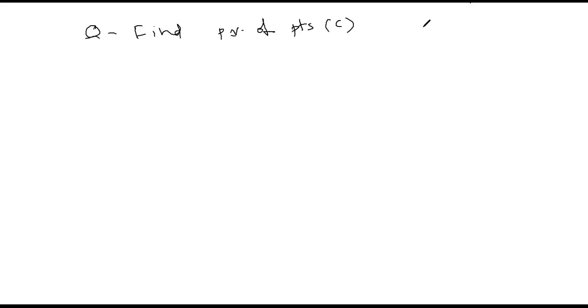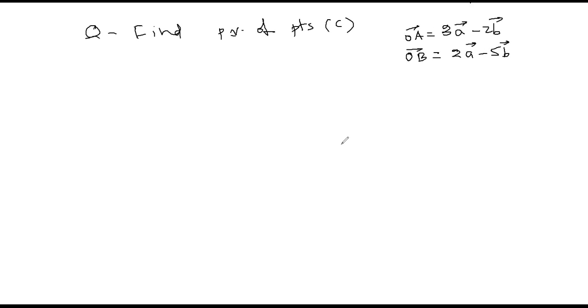One point, vector A, is given in the question as 3A, and this point represents this vector, and another vector OB is given as 2A minus 5B.